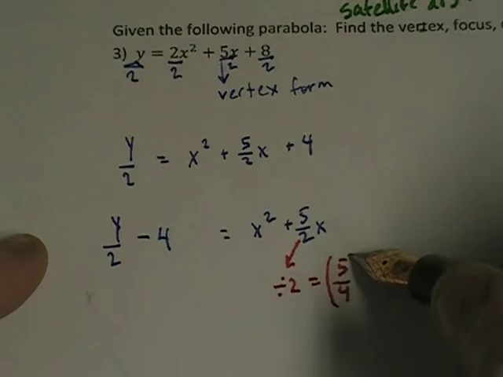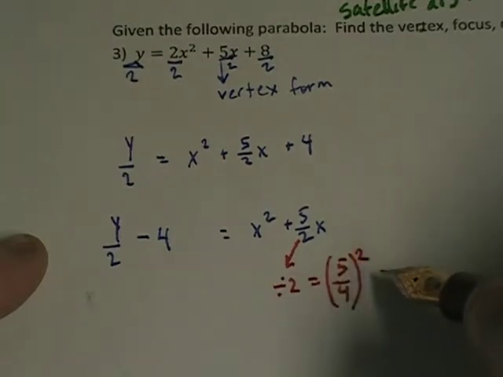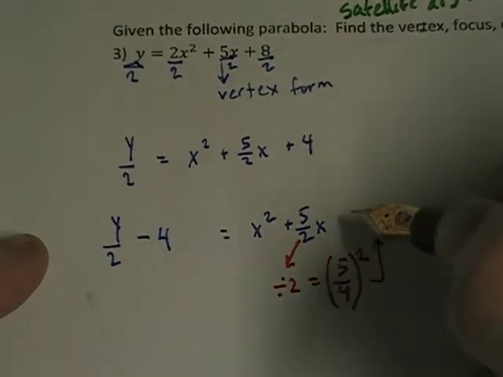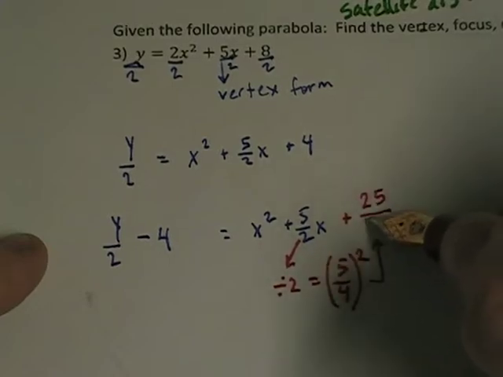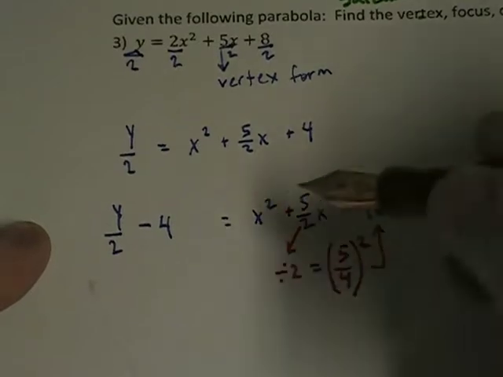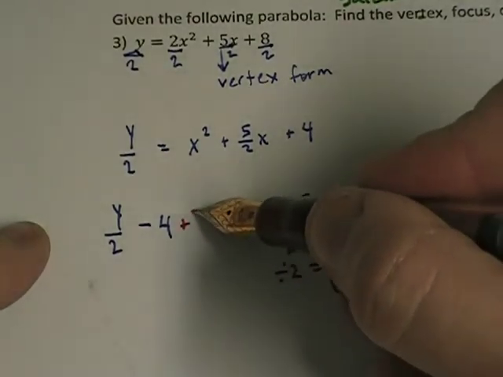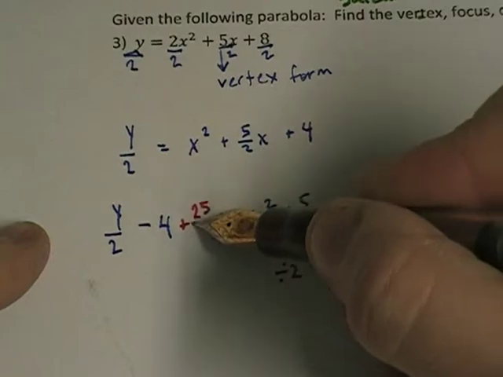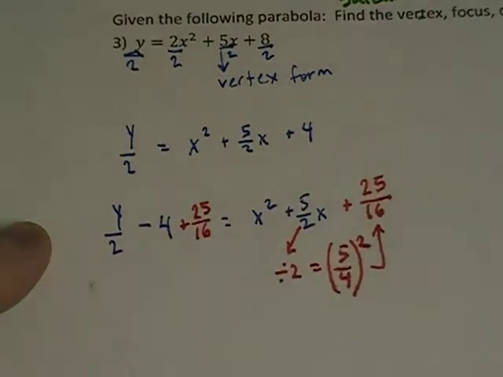I'm going to take that and square it, and that's going to give me plus 25 over 16. 5 over 4, 25 over 16. Over here, plus 25 over 16.